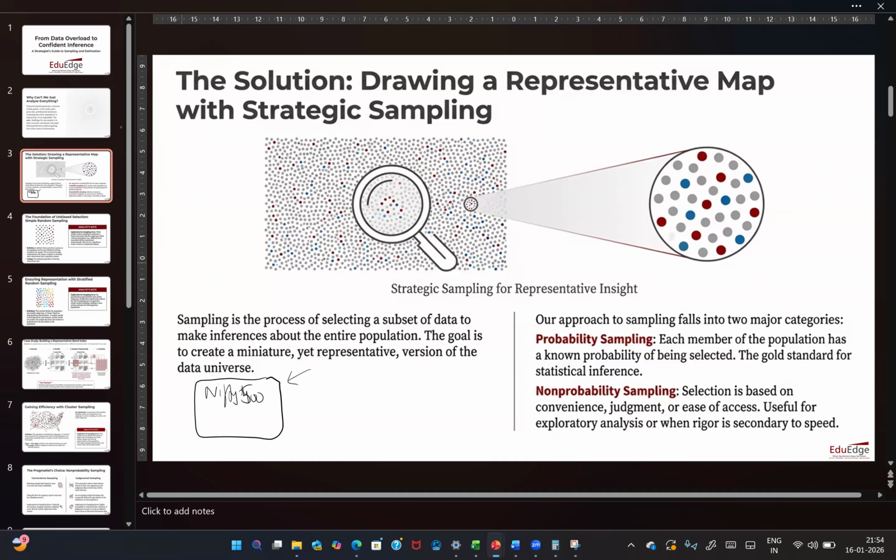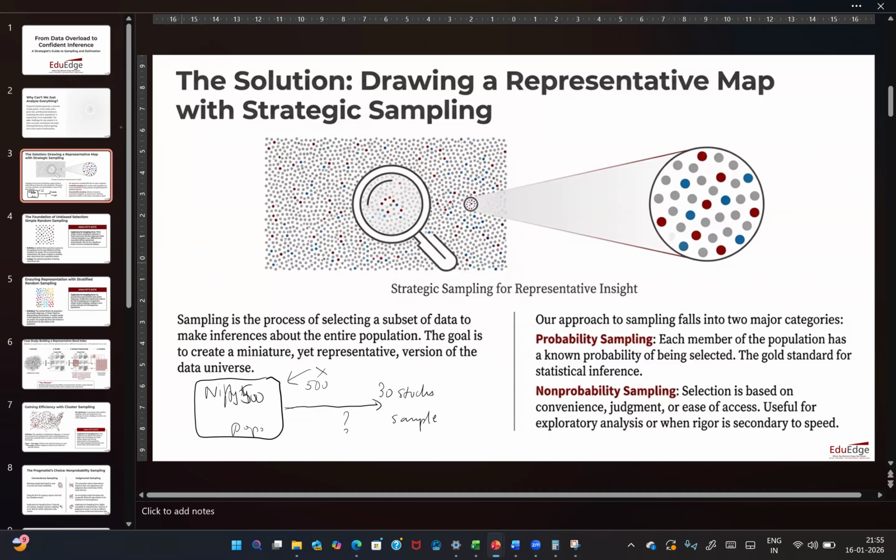So what you do is you take a sample out of it and maybe you invest in 30 stocks. So this is called a sample and your Nifty 500 or NSE 500 is your population. So now the question is, what are the methods of sampling?